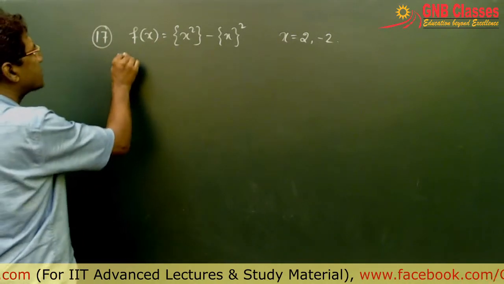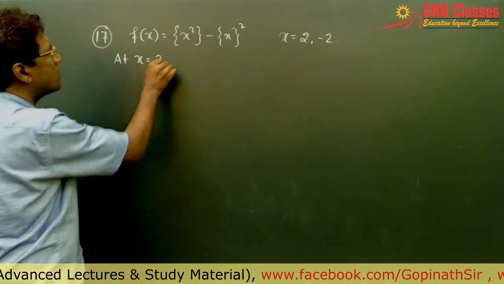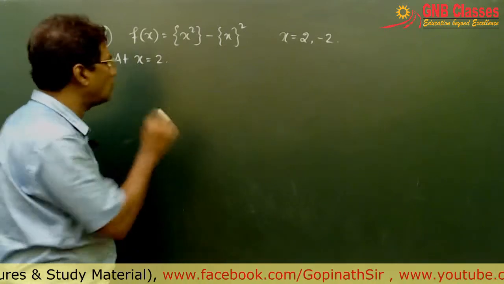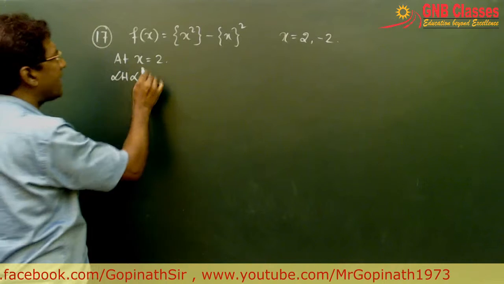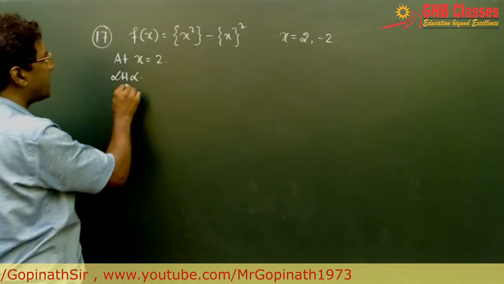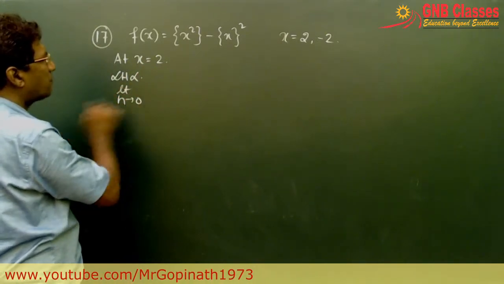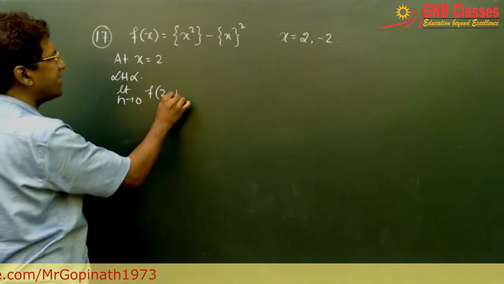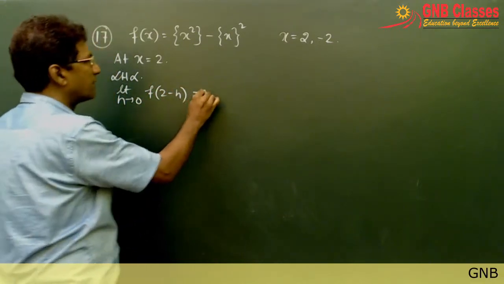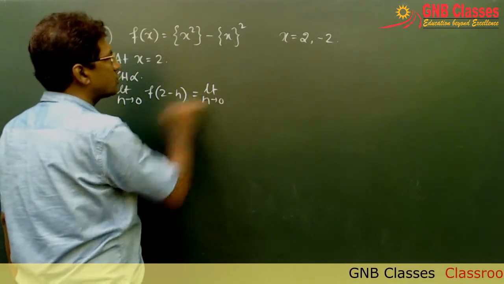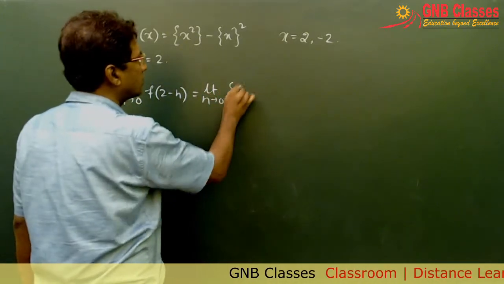So let us first check whether the function is continuous or not at the point x equals 2. So we are taking the left hand limit at the point x equals 2. So limit h approaches 0, f of (2 − h), where h is a very, very small positive number.